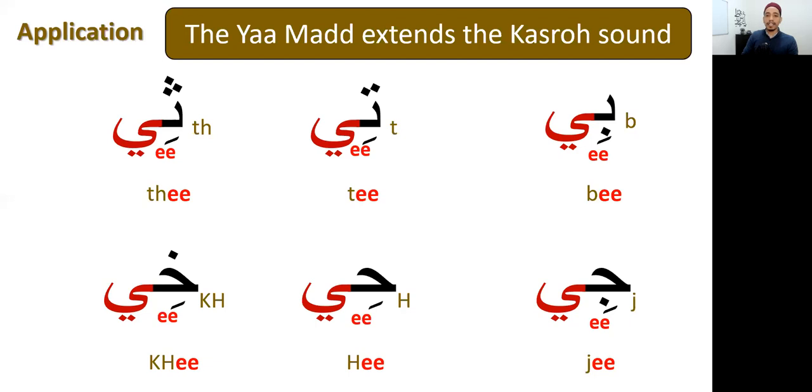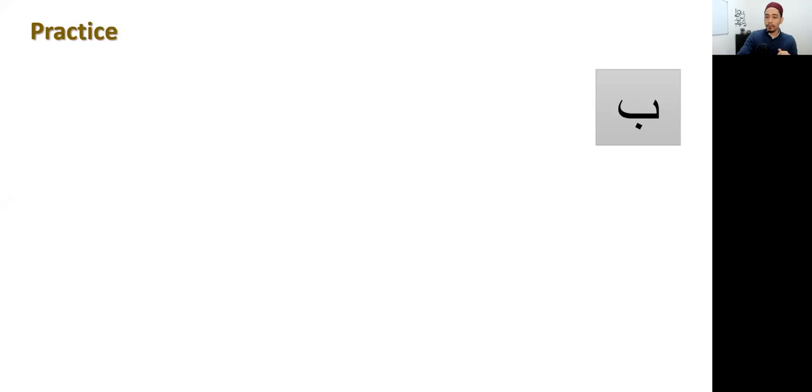For now, just understand that. We will speak just now about exactly which mad extends what sound and draw a conclusion on that. So let's practice some words. So the letter ba, we can see in this word, I actually have two ya mads. I have one in the middle of the word and one at the end.